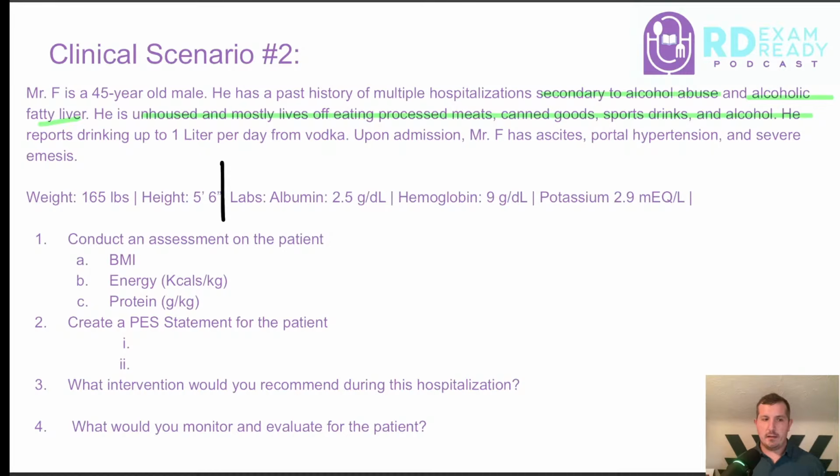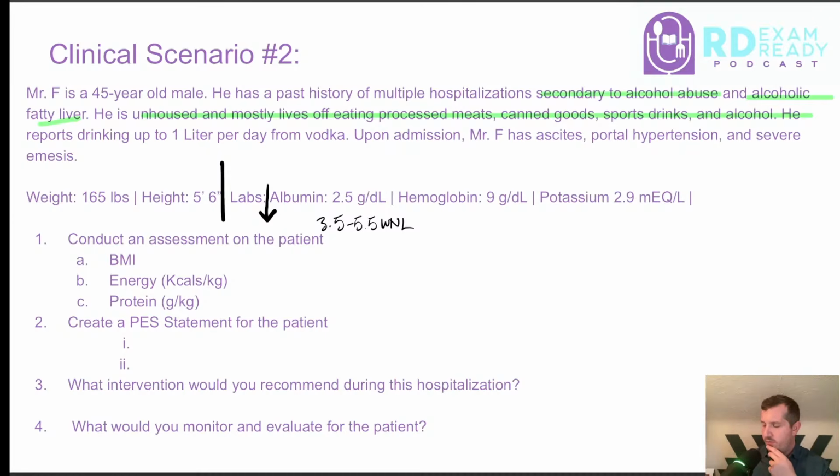Potassium, high, low, normal. Albumin of 2.5 would imply that is low, right? About 3.5 to 5.5 is our normal.